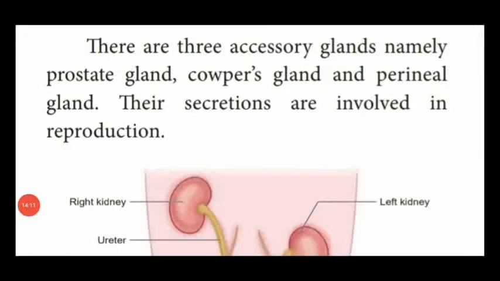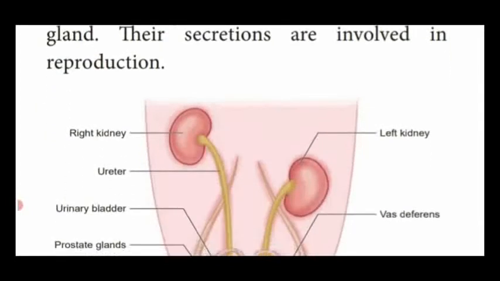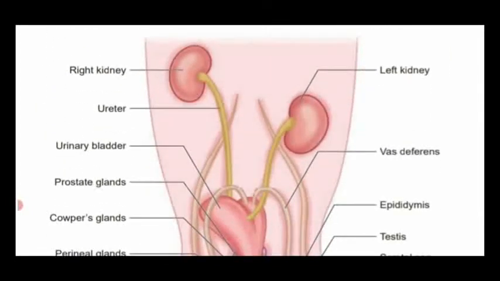Dear students, see the diagram and also the paragraph. The paragraph consists of three accessory glands, namely prostate gland, Cowper's gland and perineal gland, which are responsible for reproduction. So this is the male reproductive system of rabbit. See the diagram.